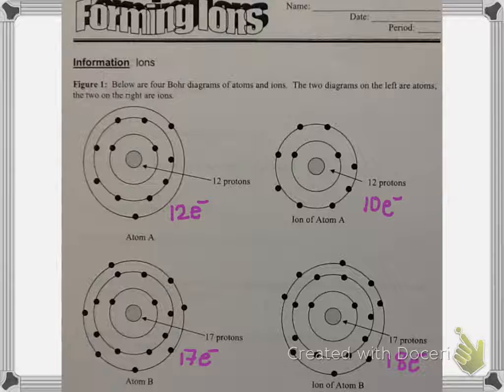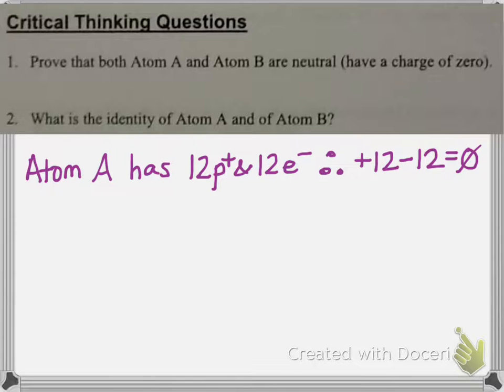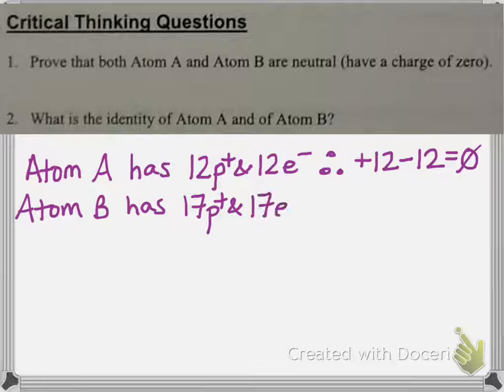Atom B has 17 protons and 17 electrons. Therefore, positive 17 for the 17 positively charged protons minus the 17 negatively charged electrons equals 0. So the other way we could answer that is to say that both atoms have an equal number of protons and electrons.